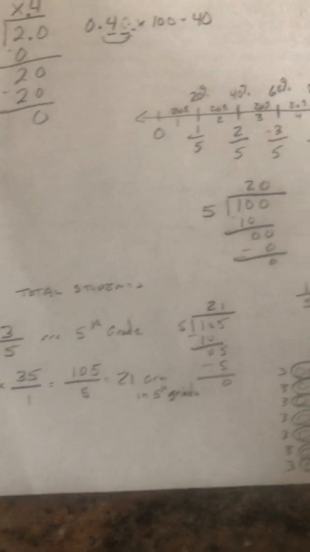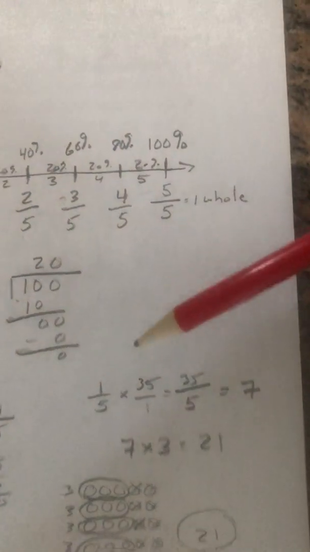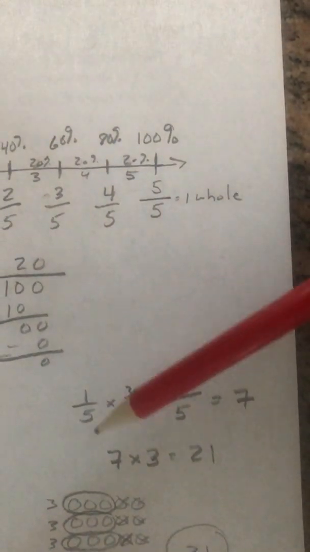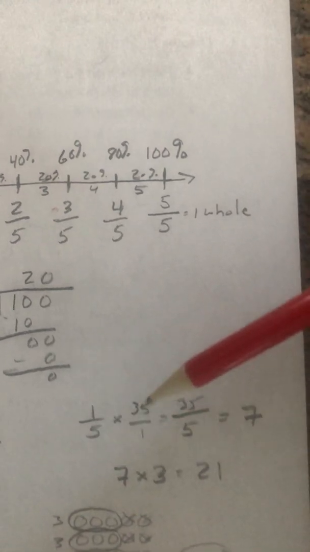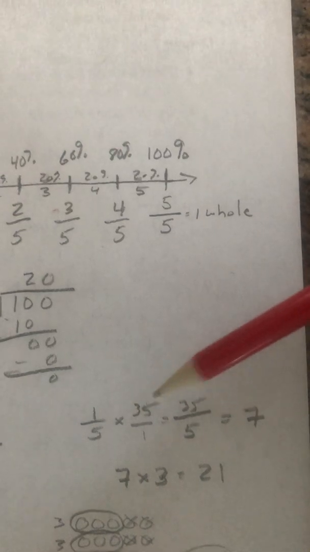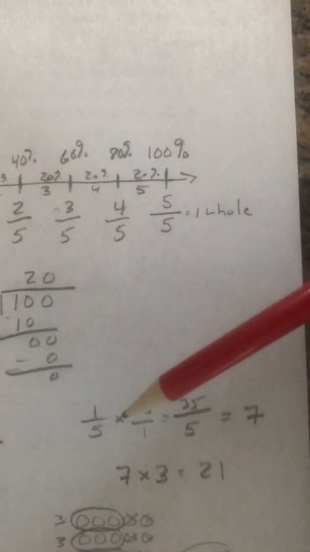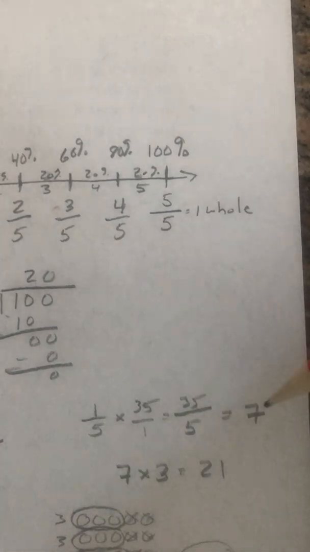Now, another way we can do it, which some kids find easier, is to first figure out what our unit fraction is. So in this case, I'm working with fifths, so I'm trying to figure out what 1/5 of 35 is. So I do 1 times 35 is 35, 5 times 1 is 5, 35 divided by 5 is 7.